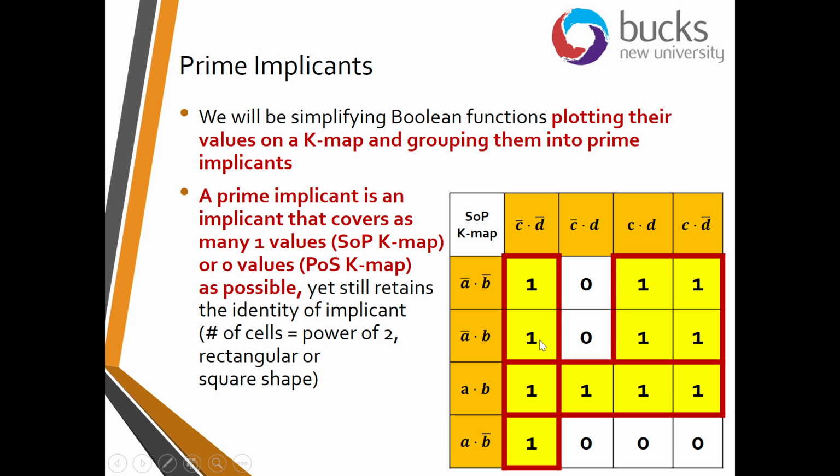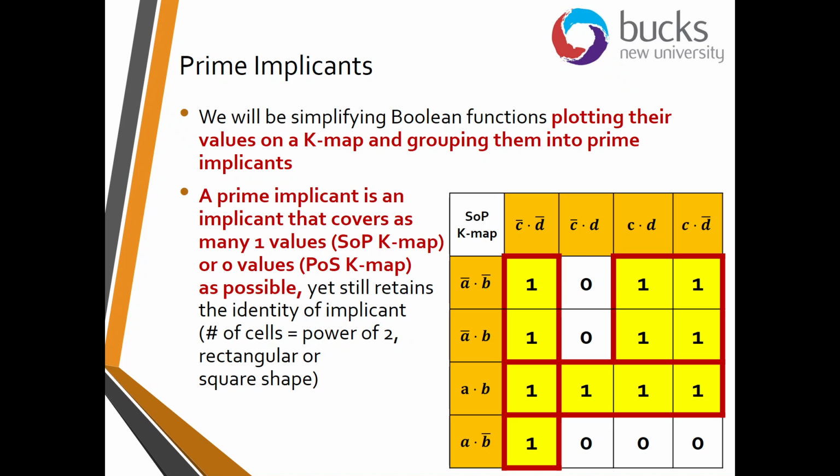If I combine these with these, I'd end up with those as one group, and then I'd be left with these 2 as their own, and that one, and then these 2. So I'd have more prime implicant groups. You want the minimum number of prime implicants you can get when you're grouping them up, and that's really important for simplification. The fewer groups you have, the greater the simplification you're going to end up with. And that's the purpose really behind all this.